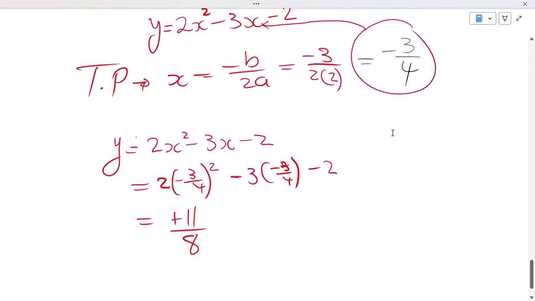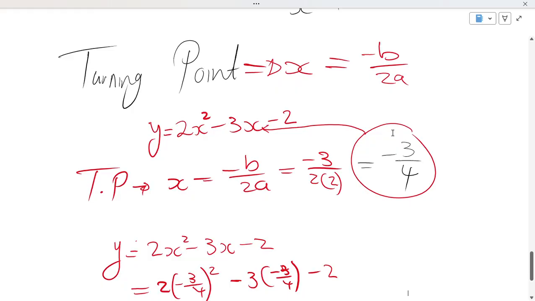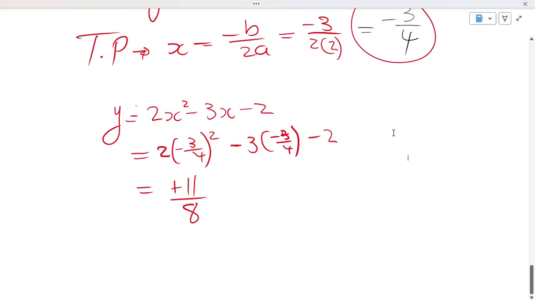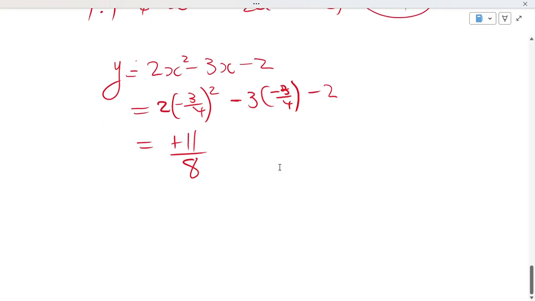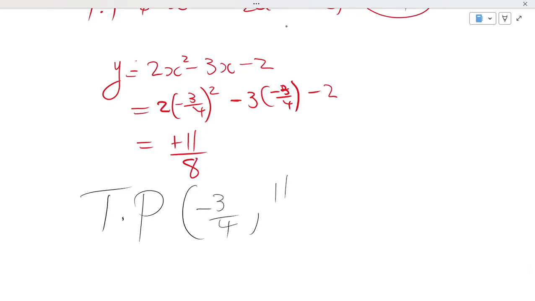Okay, so we found the turning point. When they ask for the turning point, here is the turning point. The turning point is made up of two values, x and y: negative 3 over 4 and 11 over 8.